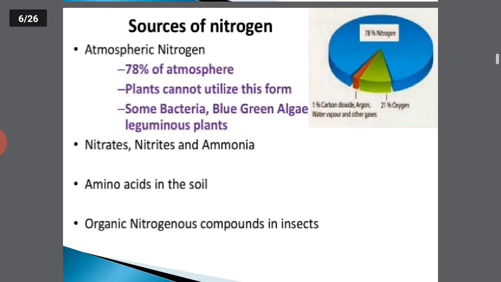Sources of nitrogen will be atmospheric nitrogen. It is present in 78% of the total gases. Plants cannot utilize it in this form. We have already studied the same in class 7th also, nutrition in plants. Plants can take nitrogen in soluble form only.